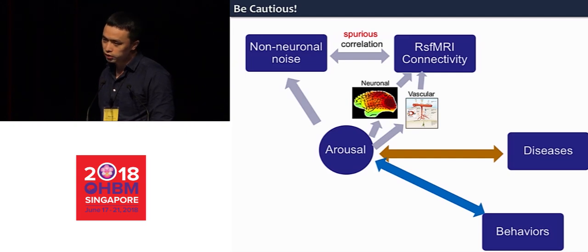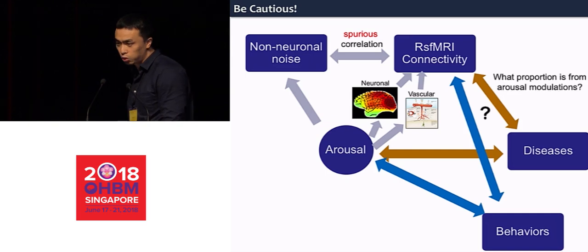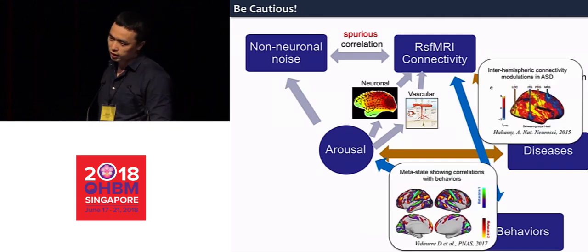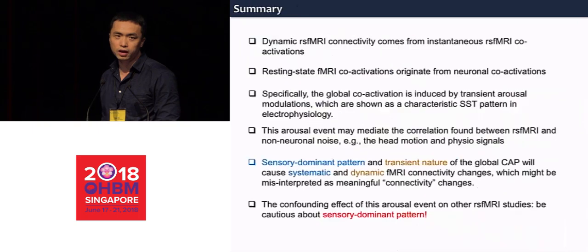So these two things have been linked to the resting state connectivity. The critical aspect of my talk is whether some of those correlations are mediated by arousal modulation. If you check the literature, you can see a lot of results actually show the sensory dominant pattern. If you see this pattern, you should be careful.